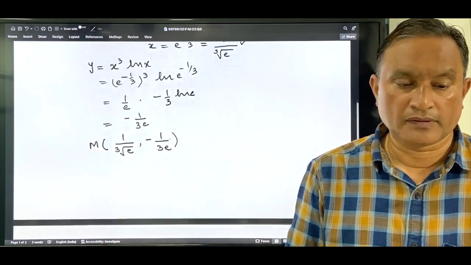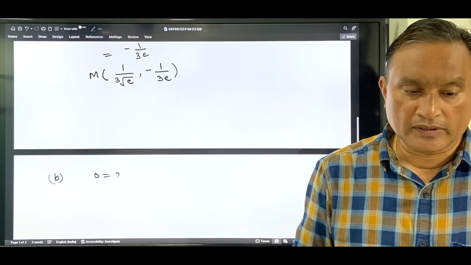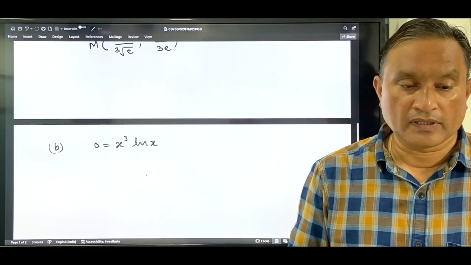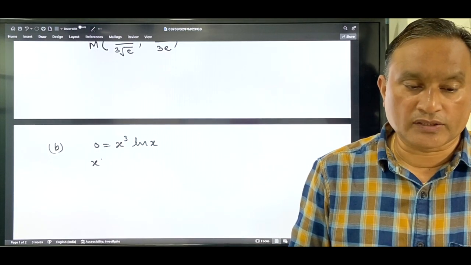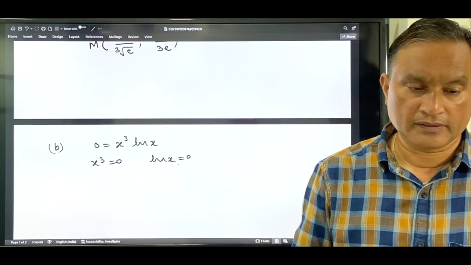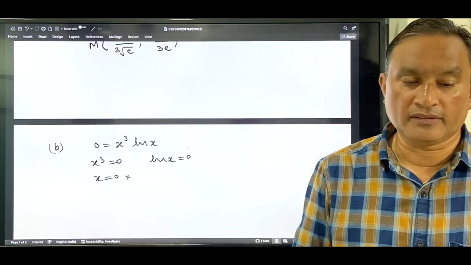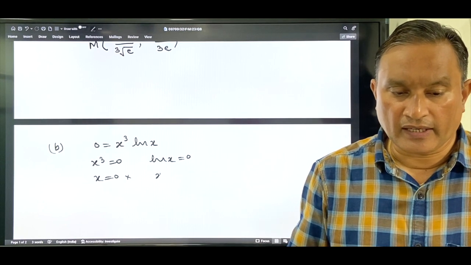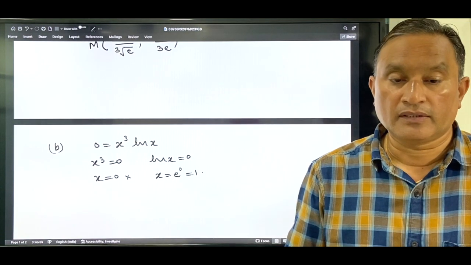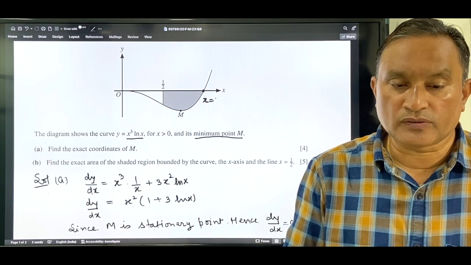So we will write 0 equals x cubed ln x, so x cubed equals 0 and ln x equals 0. x equals 0 we cannot consider because it is out of the domain. So we will be taking x equals e to the power 0, which is 1. So now we got the value x equals 1.